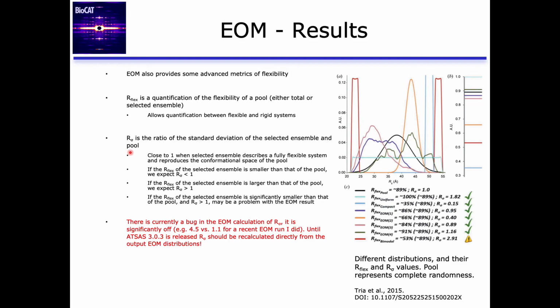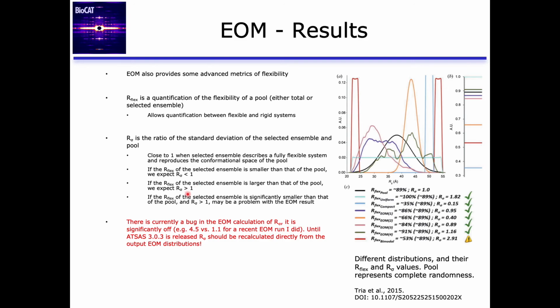On the other hand, if your selected ensemble is more narrowly distributed than your pool, if R-flex of the selected ensemble is smaller than that of the pool, you expect R sigma to be smaller than 1, because you have a tighter distribution, so you have a narrower standard deviation. So when you take the ratio of the selected ensemble to the pool, you end up with something less than 1. Conversely, if your system is more flexible than the pool, R-flex of your selected ensemble is larger than that of the pool, you expect a wider distribution, and so you expect R sigma greater than 1.